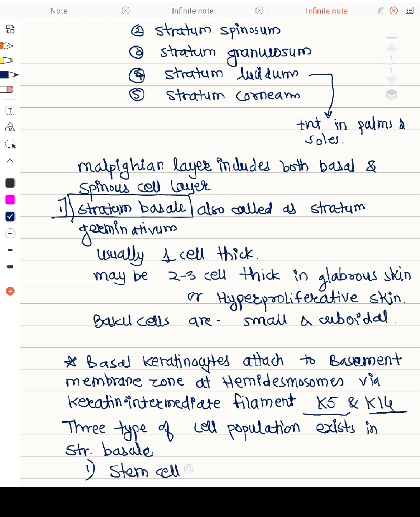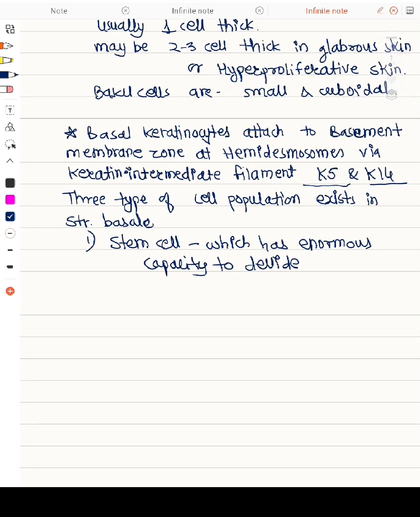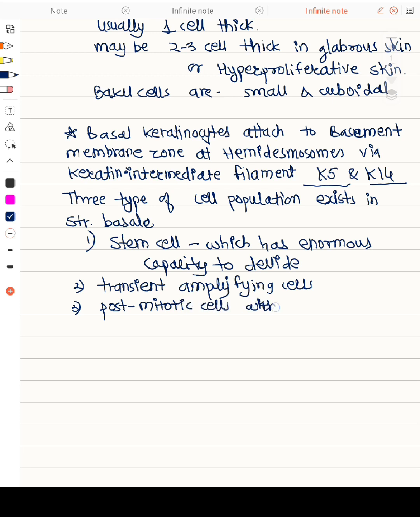And third, post-mitotic cell with no capacity to divide. Cell division occurs every 18 to 19 days.